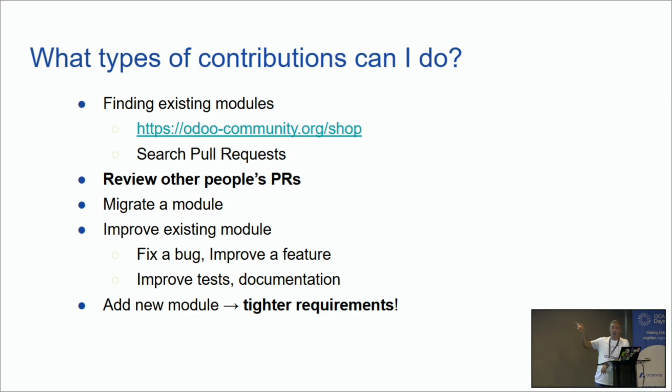So we have an index. You can find it at Odoo/shop. It's a shop, but it doesn't sell anything. It's just an index of modules that you can search. To be honest, the search function is not great on the Odoo side, so I use DuckDuckGo.